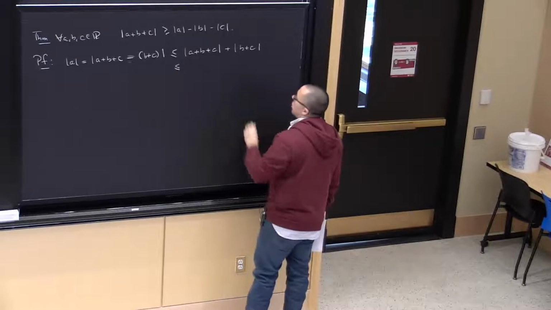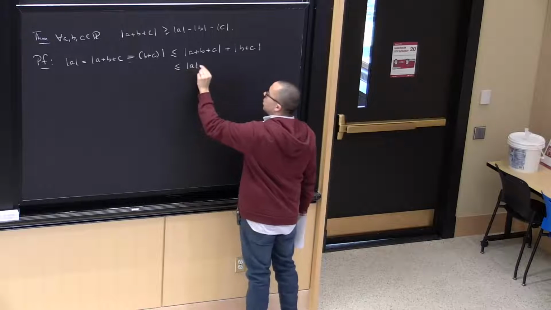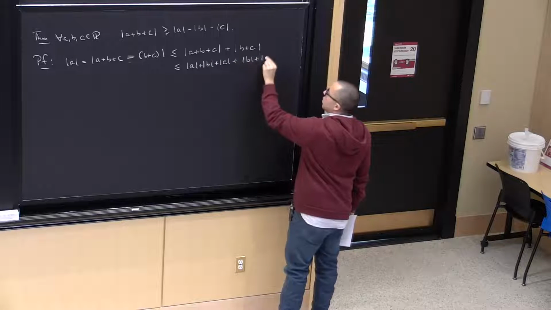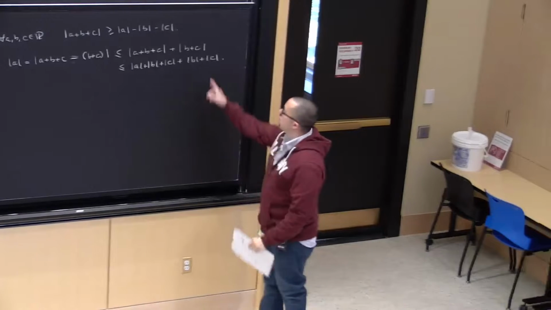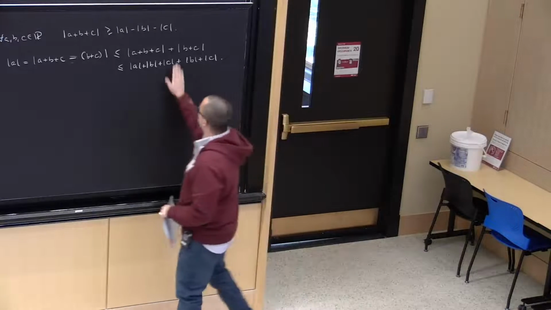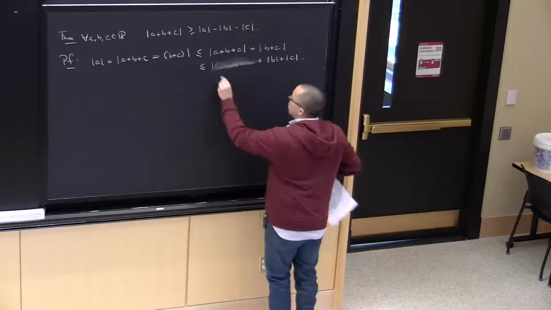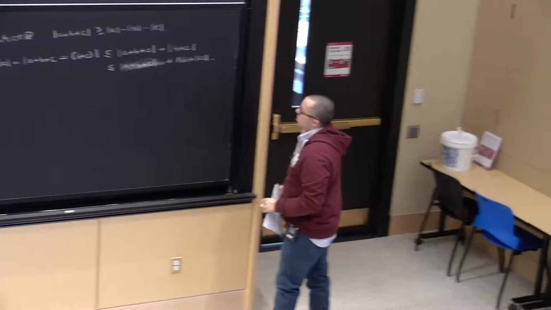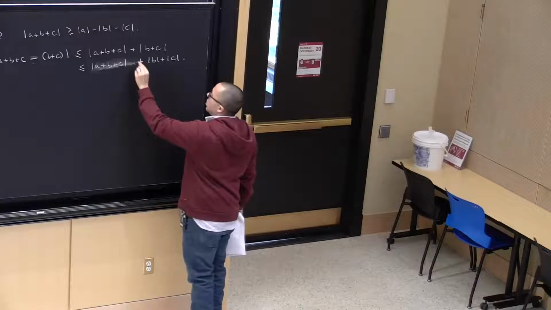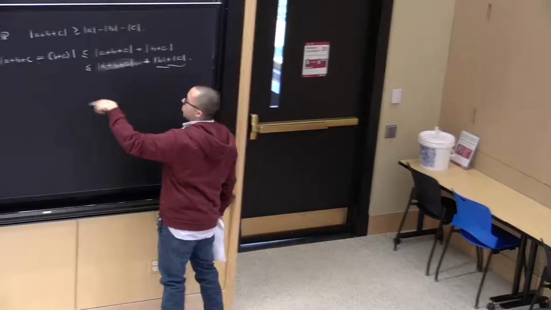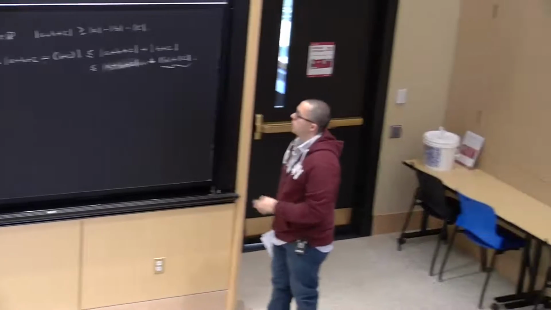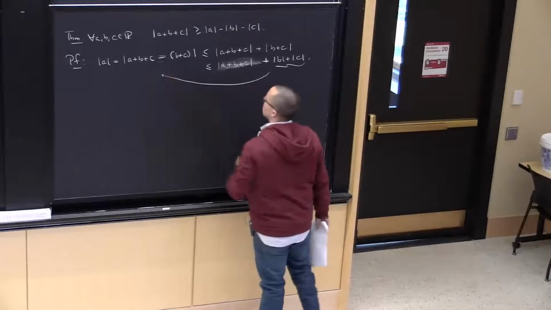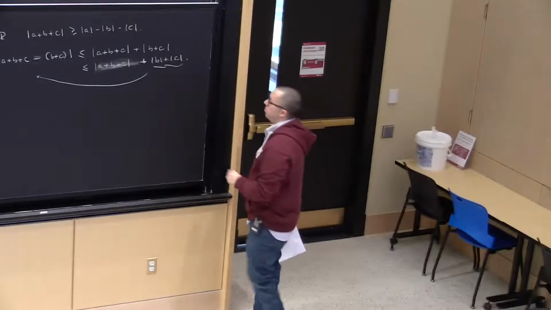And then I use the triangle inequality one more time here to get the bound. And so if I subtract this side over to the other side of this inequality, I get the statement of the theorem. All right.